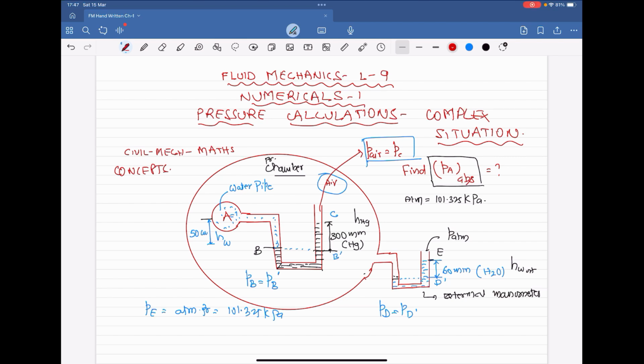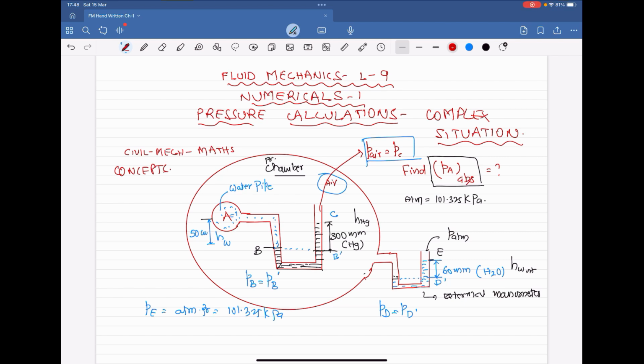Water is flowing, but the water pipe is going through this pressure chamber, and the water inside is at a pressure at point A, that is PA. This point A, the center of the pipeline, is at a height of 50 centimeters from the lower level of the mercury manometer connected to this water pipe.